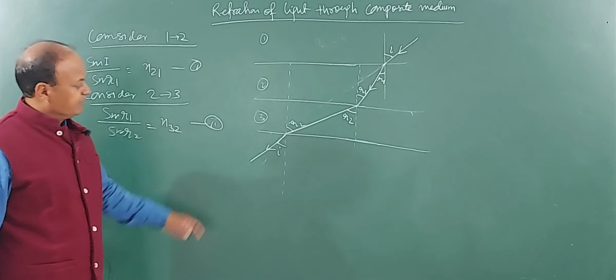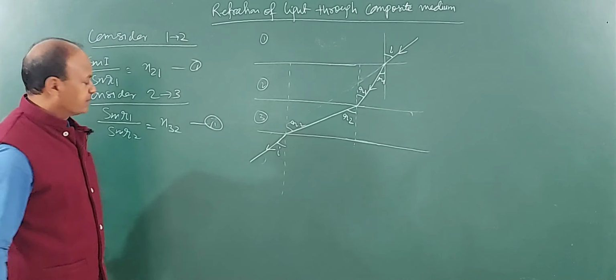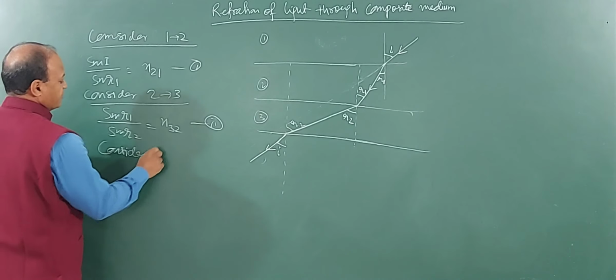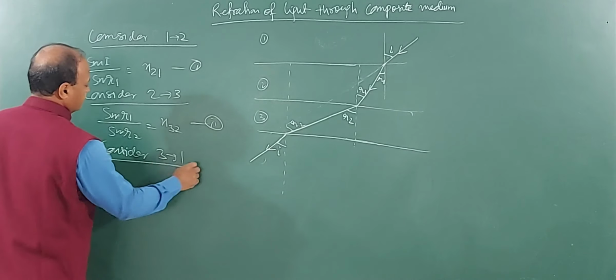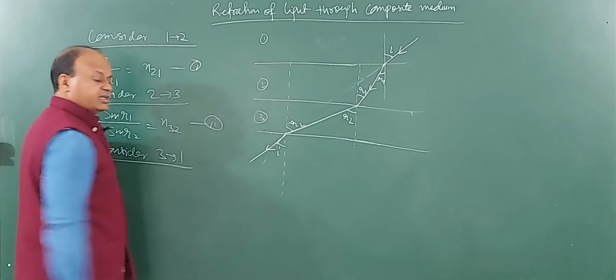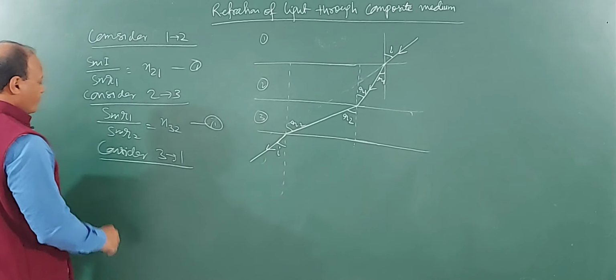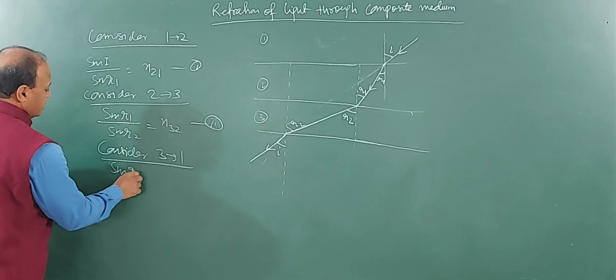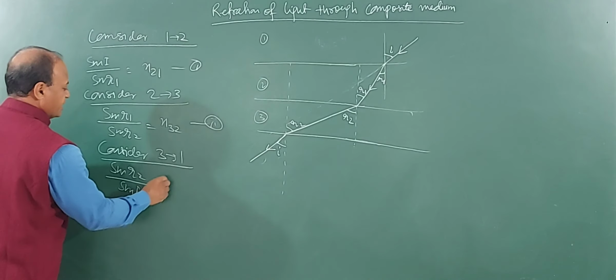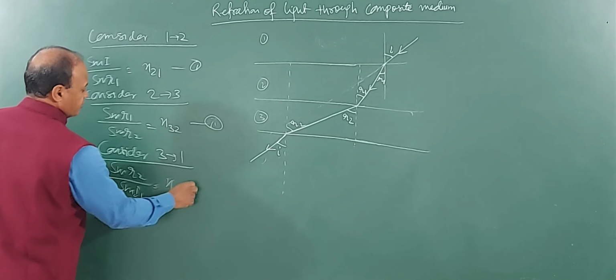And finally, the ray traveling from medium 3 to medium 1. So consider refraction from 3 to 1. The incident angle is R2 and the refraction angle is I. So sin of R2 divided by sin of I is the refractive index of 1 with respect to 3.